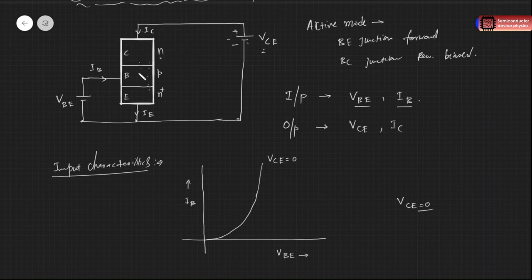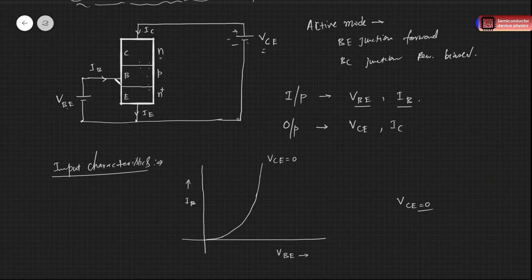So the effective voltage between the base and collector depends on VBE also: you have to subtract VBE and VC.